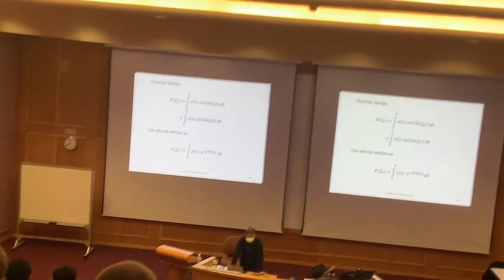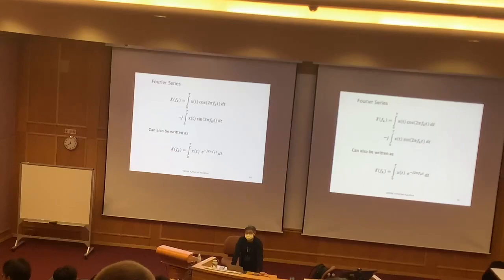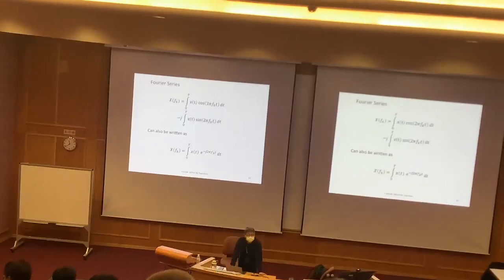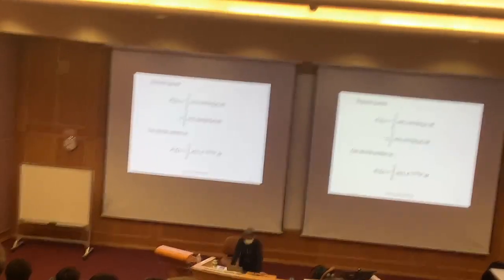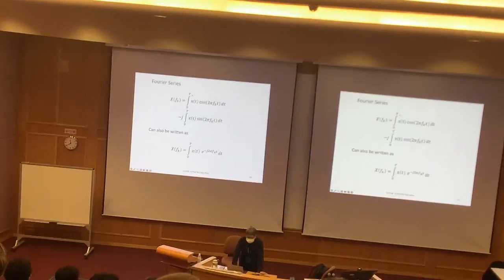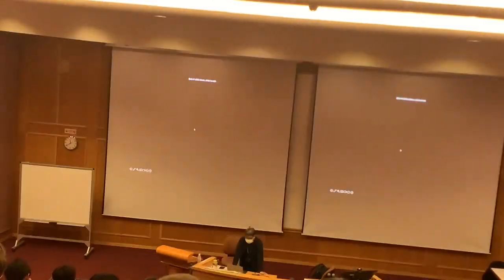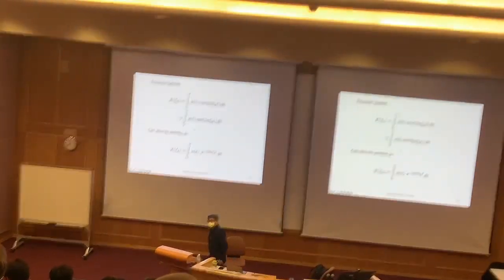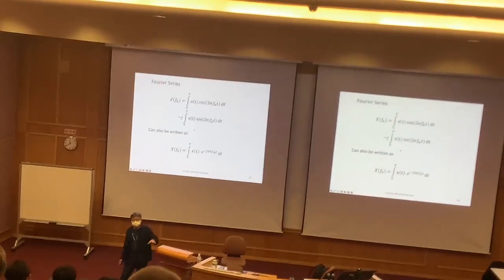And congratulations, you just learned Fourier series, understand? That's what Fourier series is about. Okay? And remember, you have to integrate from 0 to T, right? And that's the end of this set of Fourier series.